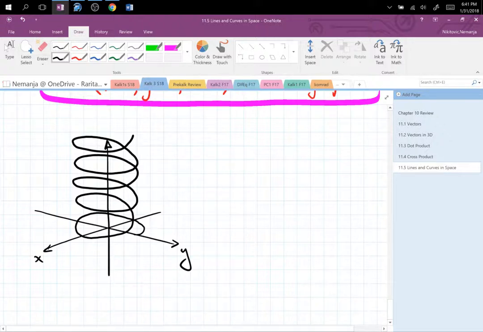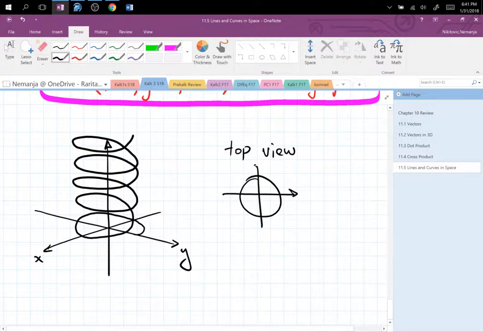Now, if you look at the base of this helix, you are going to have a circle. So, top view is just going to be a circle on the xy plane. And again, you better understand this, because when you put the spring on the table and you look from the top, you just see a circle, right?